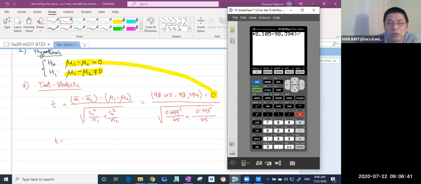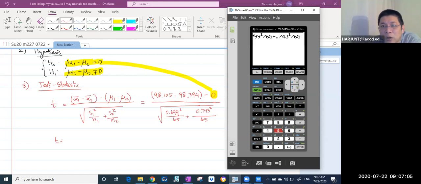Now at the bottom we start with square roots. So that's implicitly already a grouping symbol. 0.699 squared over 65 plus 0.743 squared over 65.